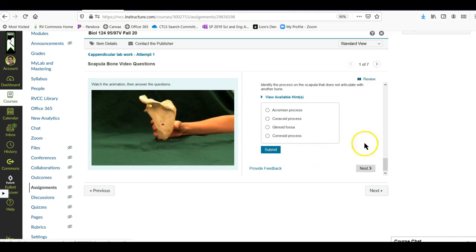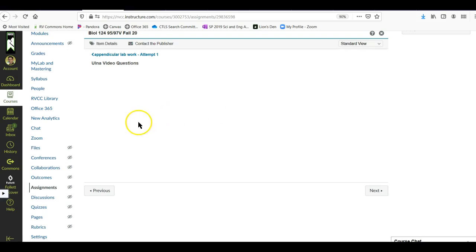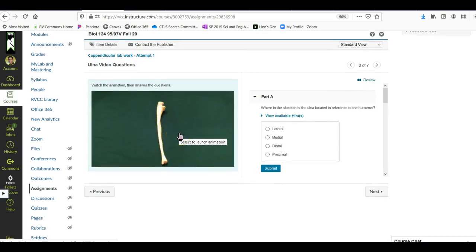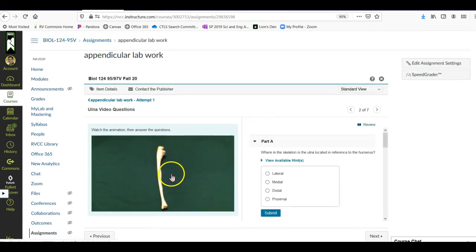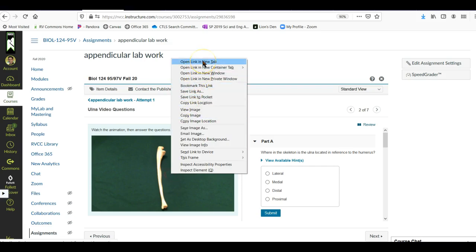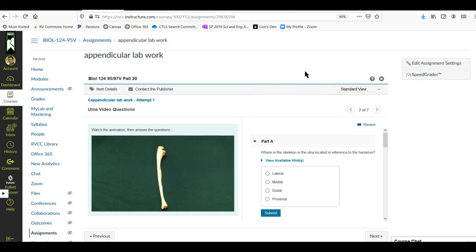And when you're done answering questions on the scapula, you hit next, and it'll take you to the ulna. There's the lovely ulna. And again, open in a new tab, watch the video, answer the questions. So that gives you a little more something to do.